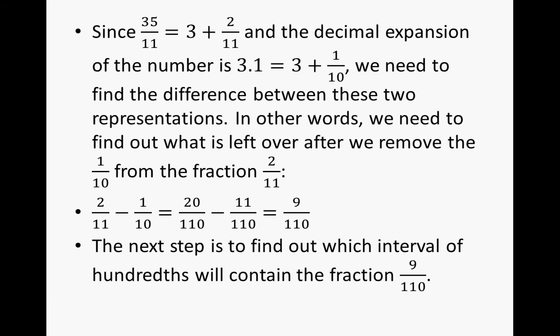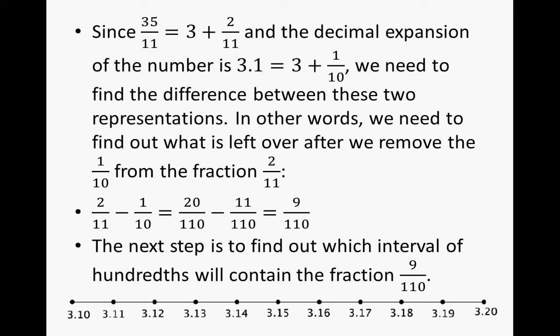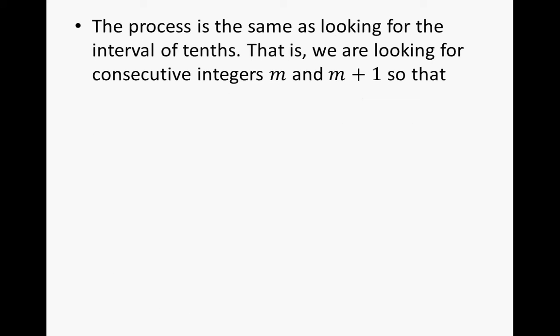So the next step is to find out which interval of hundredths will contain the fraction 9/110ths. So we partition our number line, magnifying it again between 3.1 and 3.2, and we get our 10 partitions. So the process is going to be the same as looking for the interval of tenths.